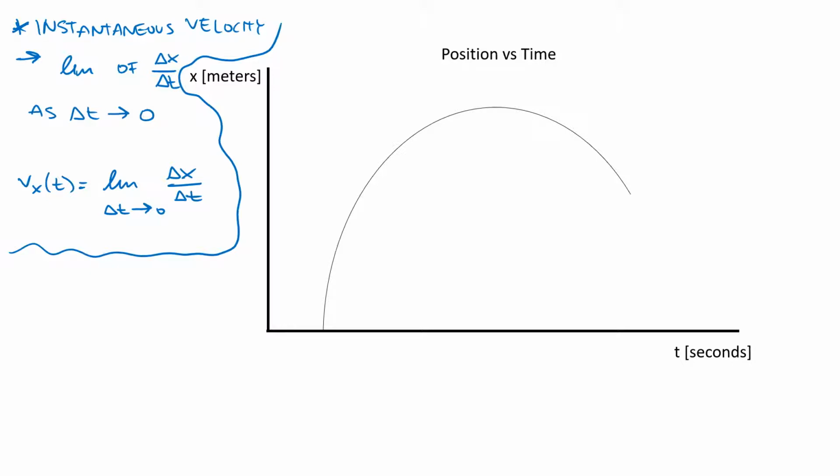This is just a very general. I just made a curve on a position versus time graph, and it's not a smooth, straight up line like that, and then a flat line, and then downward. It has a nice curve to it.